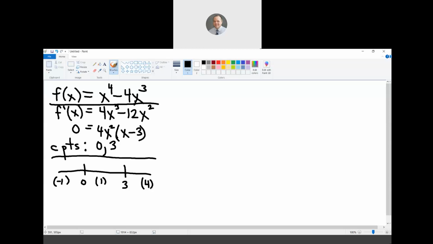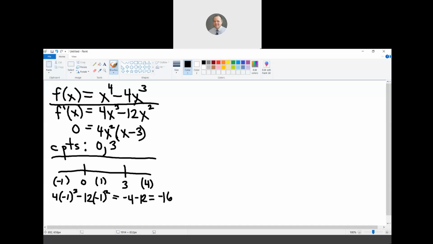I'm going to use the factored part. Actually, it doesn't matter. I think I'll use the original. Now, when you do the calculations, you end up with -4 minus 12, and that gives you -16.